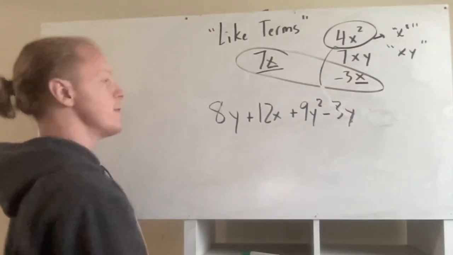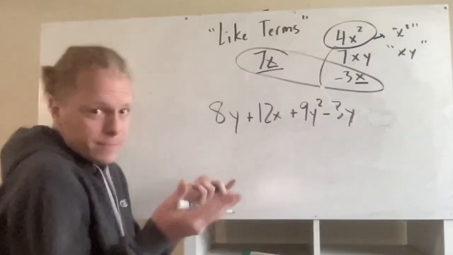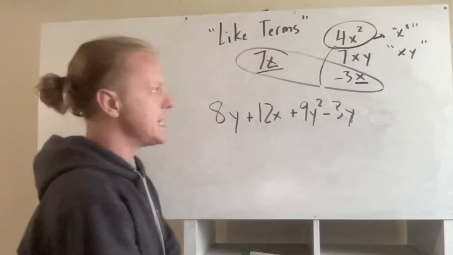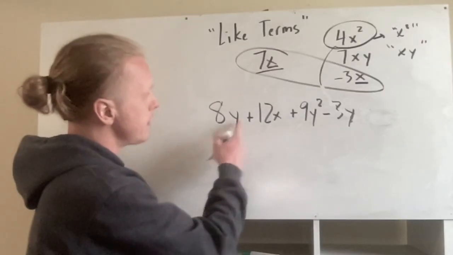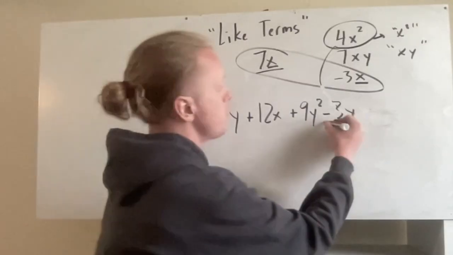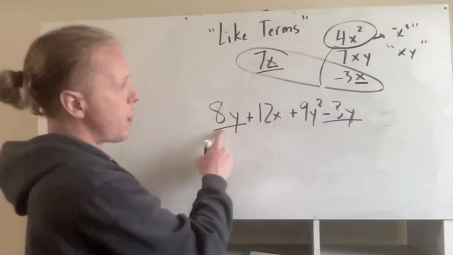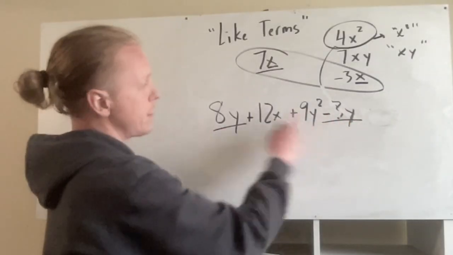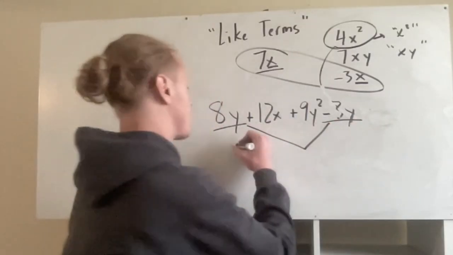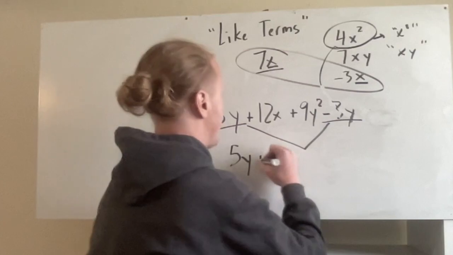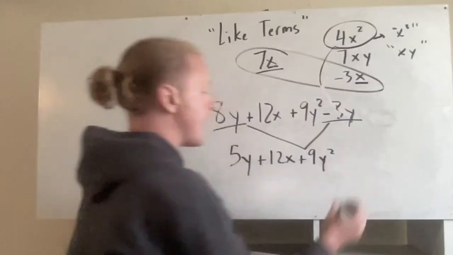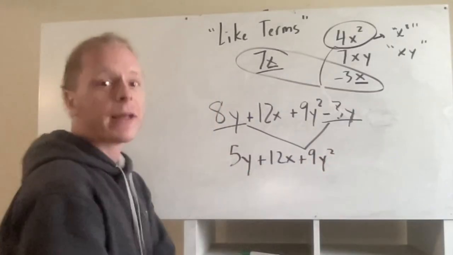So the only thing that we can do is simplify by combining like terms. Do we see any like terms here? This is a y term, x term, y squared term, and a y term. We have 2 y terms, 8y and negative 3y, or 8y minus 3y, would give me 5y. So let's just combine our 2 like terms here. They become 5y, and then everything else stays the same. There's nothing else that I can do right now because I combined all of my like terms.